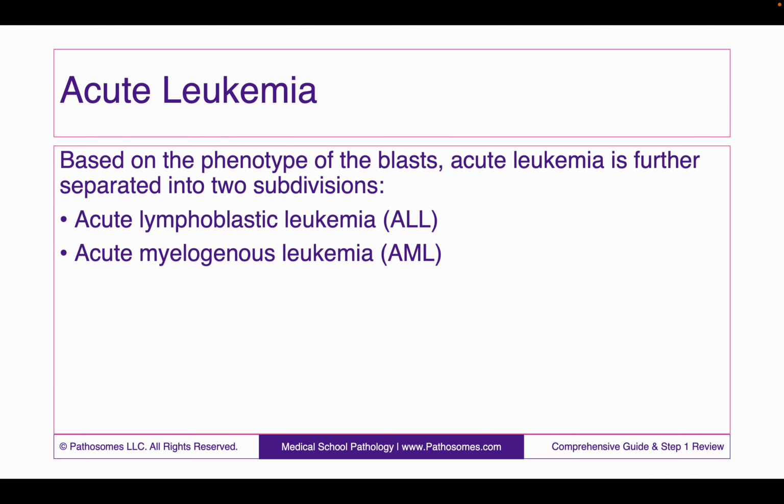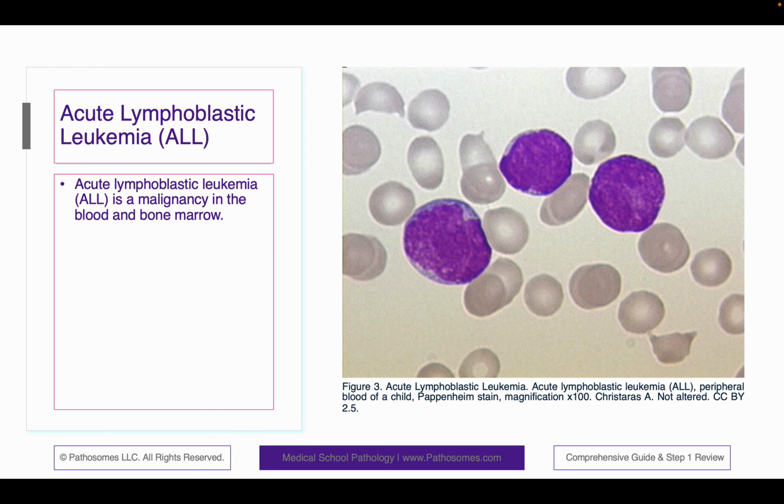Based on the phenotype of the blast, acute leukemia is further separated into two major subdivisions, which include acute lymphoblastic leukemia or acute myelogenous leukemia. Acute lymphoblastic leukemia is a malignancy in the blood and bone marrow.